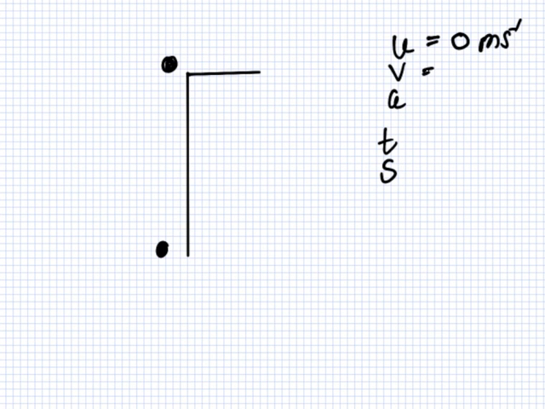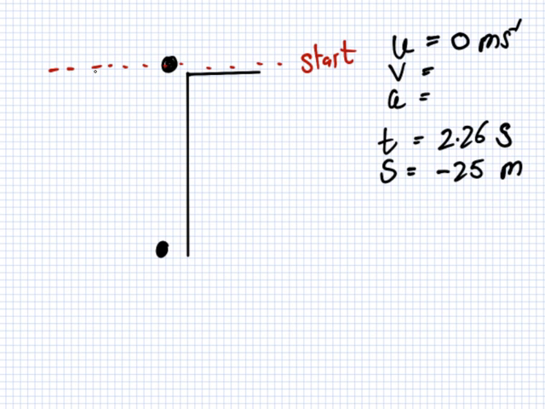The v, we don't know. The a, we don't know. The t, and the s. Now this is where I feel it's useful to say it's minus 25. If I consider this to be the start, and if I take up to be positive, then down should be negative.